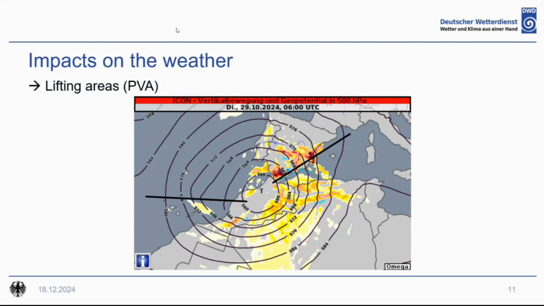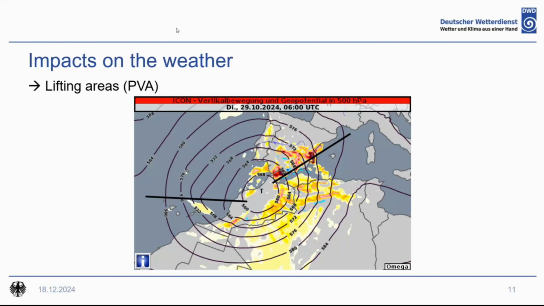Quite often, two axes can be observed where the isohypses are packed. The maximum of PVA is to be found at the front of the axis. In our case, the original trough axis had a positive tilt, which led to a higher pressure gradient in the southwest and northeast.